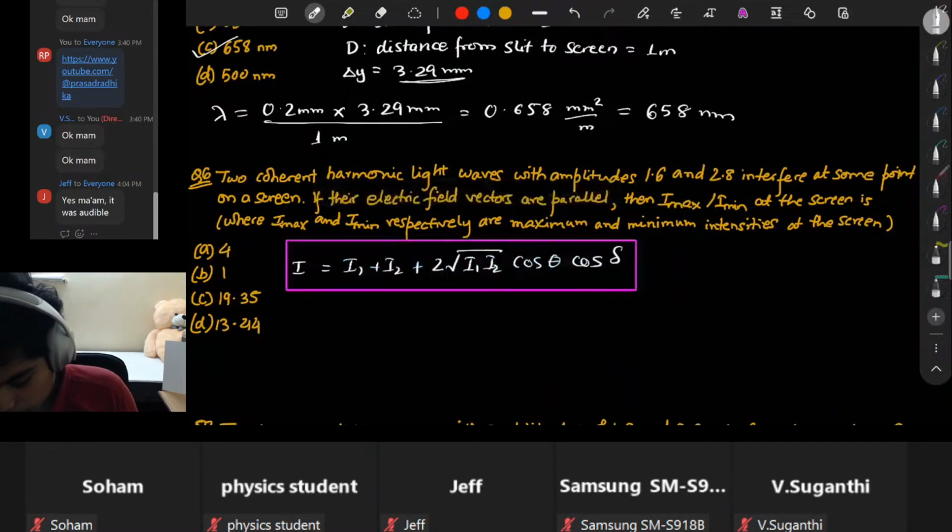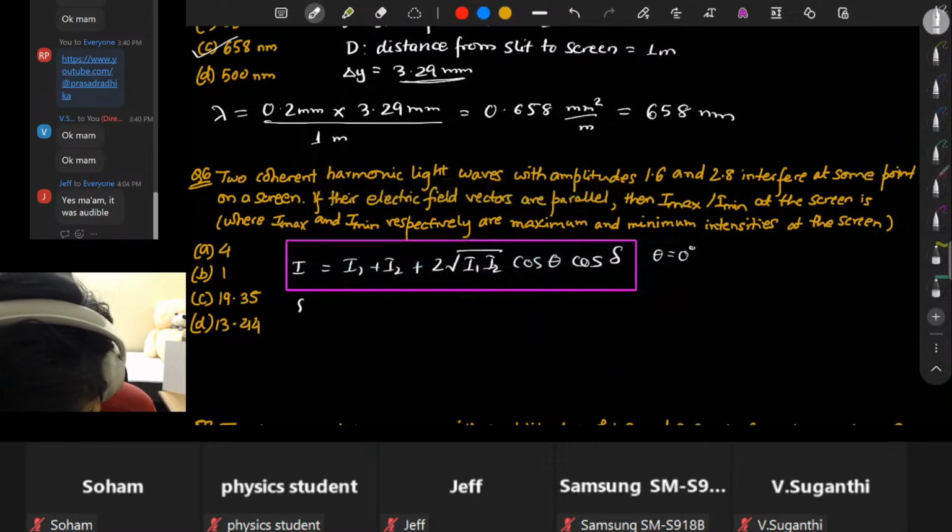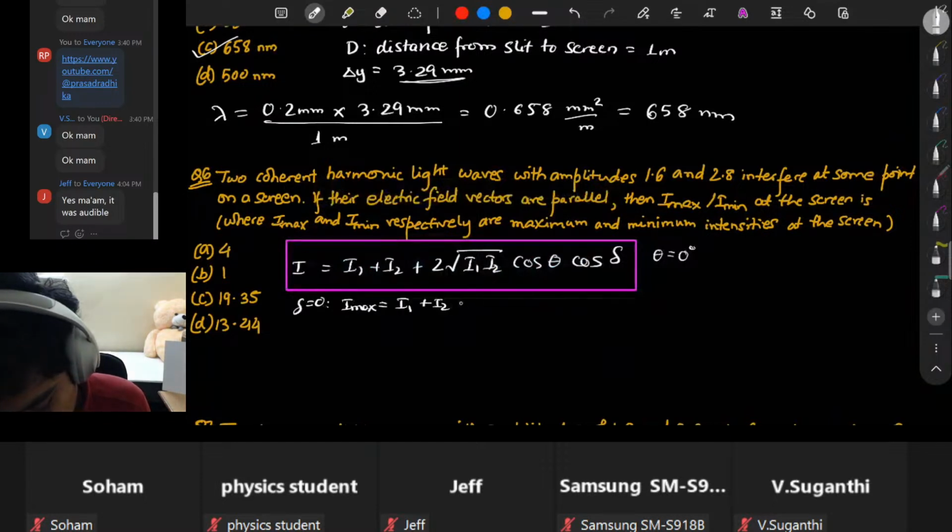We take theta equals 0 degrees. When delta is 0, I max is I1 plus I2 plus 2 root I1 I2.